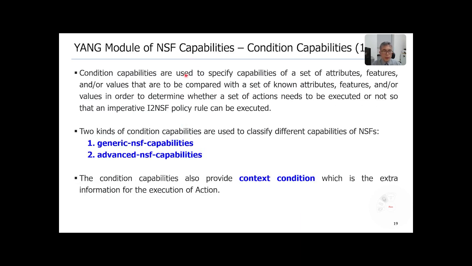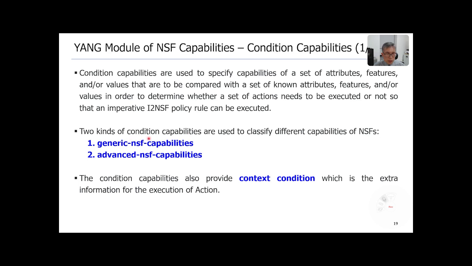And the condition capabilities are used to specify capabilities of a set of attributes, features, and/or values that are to be compared with a set of known attributes, features, and/or values in order to determine whether a set of actions needs to be executed or not, so that an imperative I2NSF policy rule can be executed.